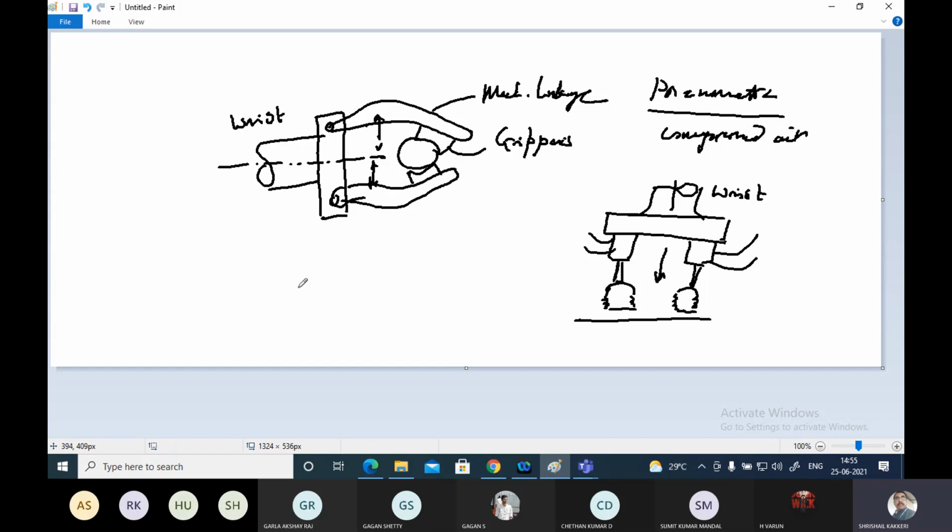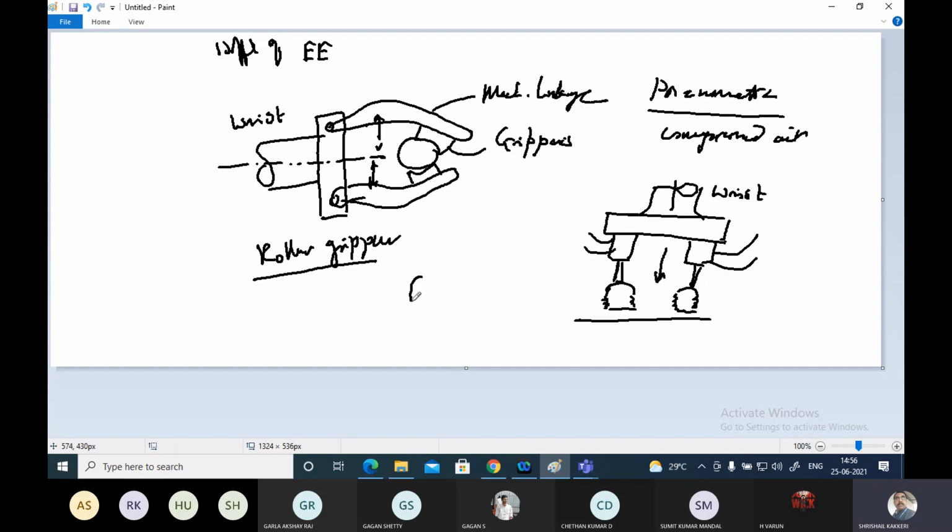And another one is also there, the sponge gripper or roller gripper. These are all contact type. Okay, these are the different types of end effectors. I am not talking about the sensors. Different types of end effectors. And roller gripper, here what happens?